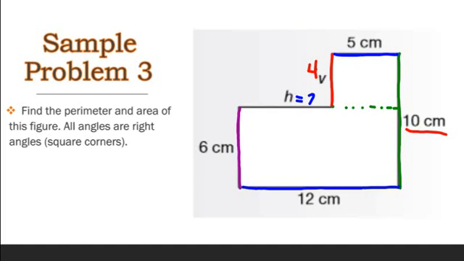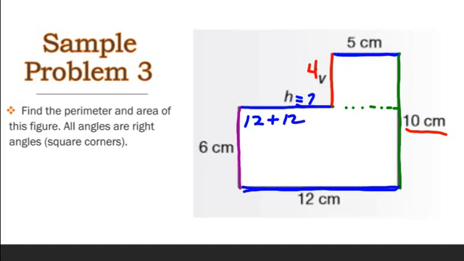So now if I find the perimeter, I can add up all my sides here. So I have, and if you notice, I can actually simplify this, right? Instead of adding up all the numbers here, since I have 12 on the top, because the 7 right here plus this 5 gives me my 12, and then I got 12 down here, so that's 12 plus 12.